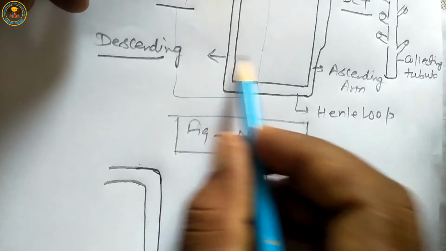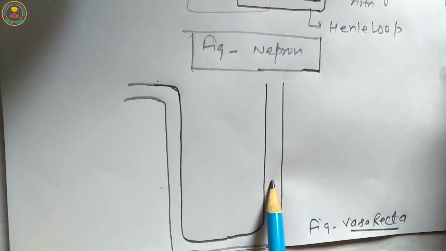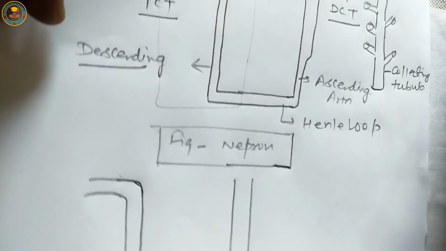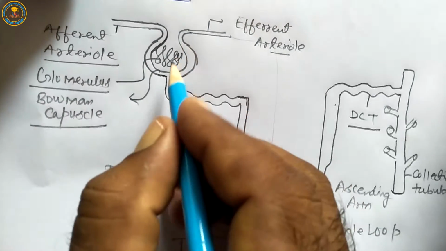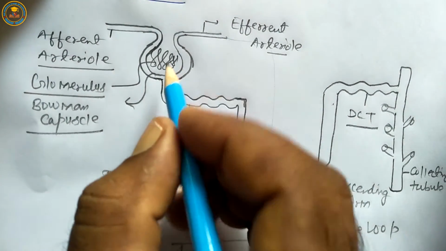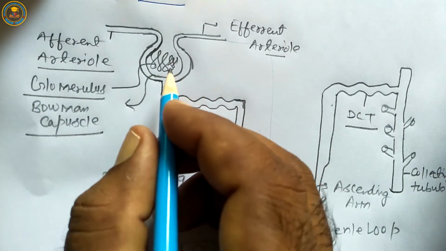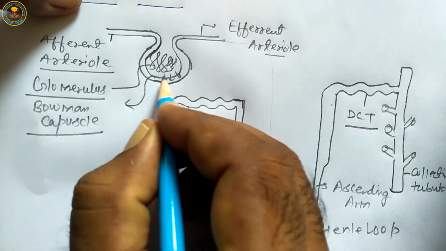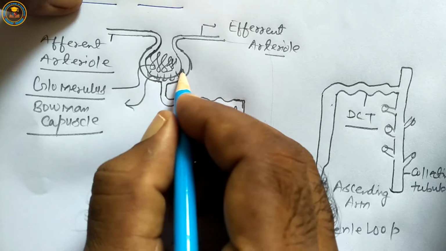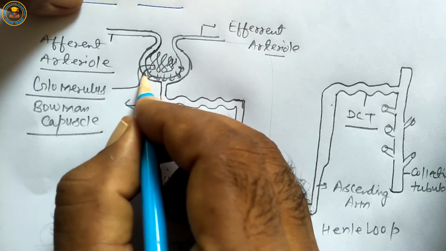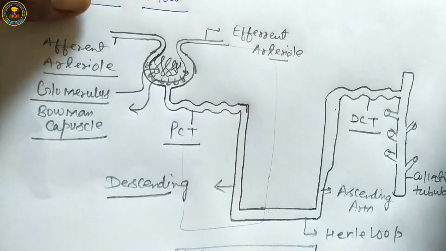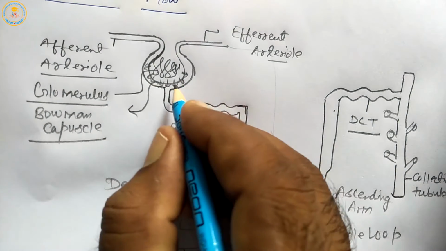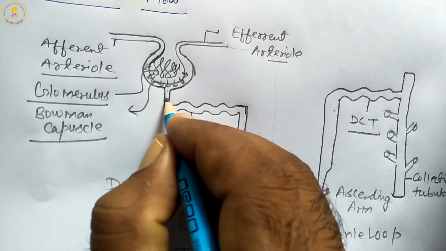Vasa recta has two arms. Henle loop has two arms. Next, in formation of urine, some specific blood content like glucose, amino acids, water molecules, urea are filtered in Bowman capsule part.